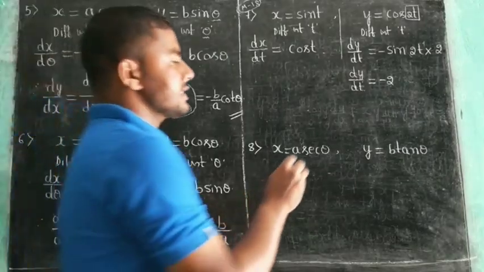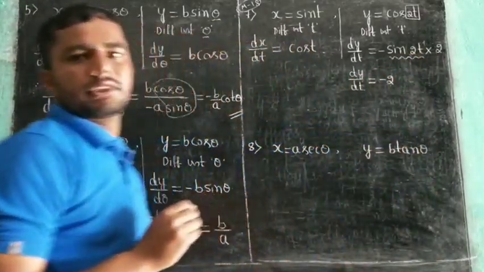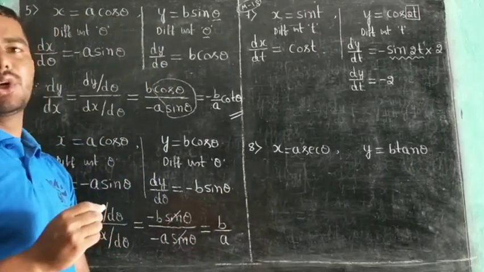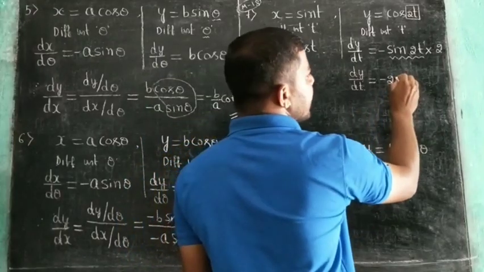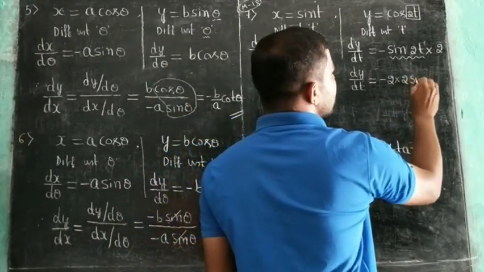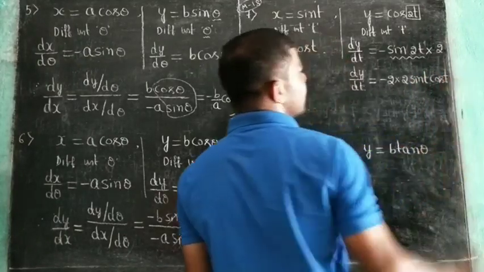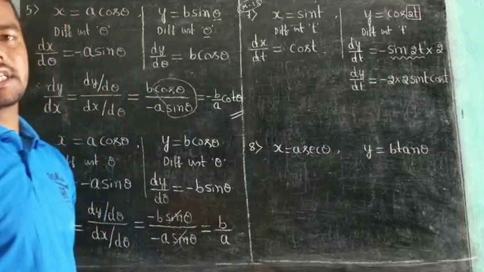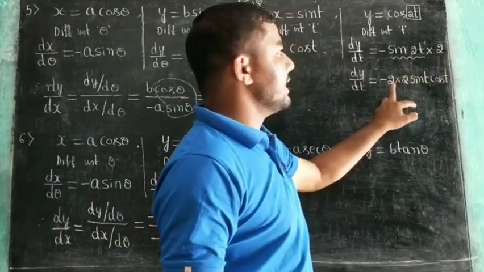For simplification, we apply the sin 2t formula. What is the formula for sin 2t? The formula for sin 2t is 2 into sin t into cos t. Take minus 2 as it is.